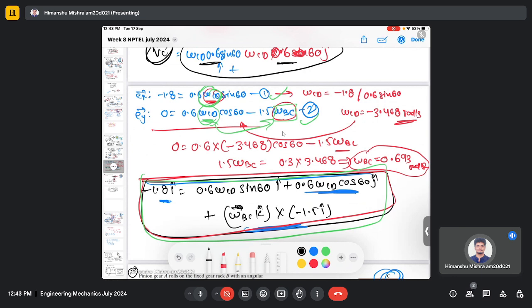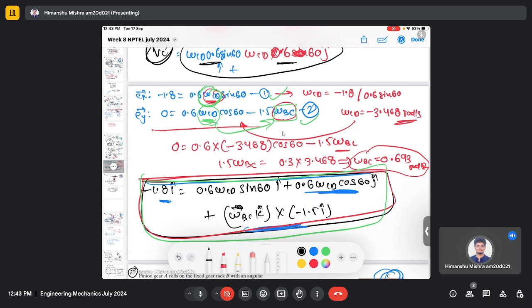If we are given the angular or translation velocity of one component, we can actually find the same thing for the other component, and we have solved a couple of problems related to that. And then we move to the relative velocity problem where we are given the velocity of 2 points, and we can write down the expression of relative velocity between those 2 points. And we found the unknown quantity there.